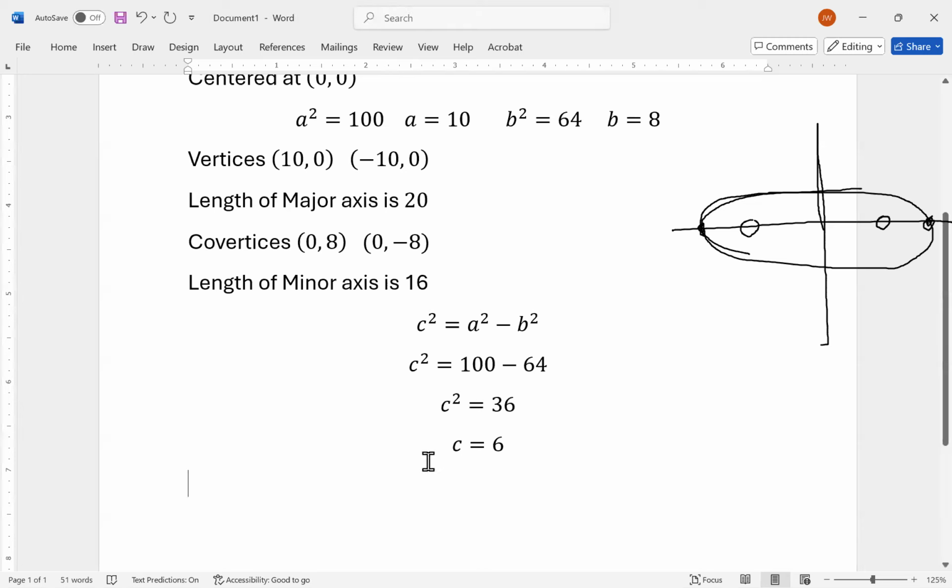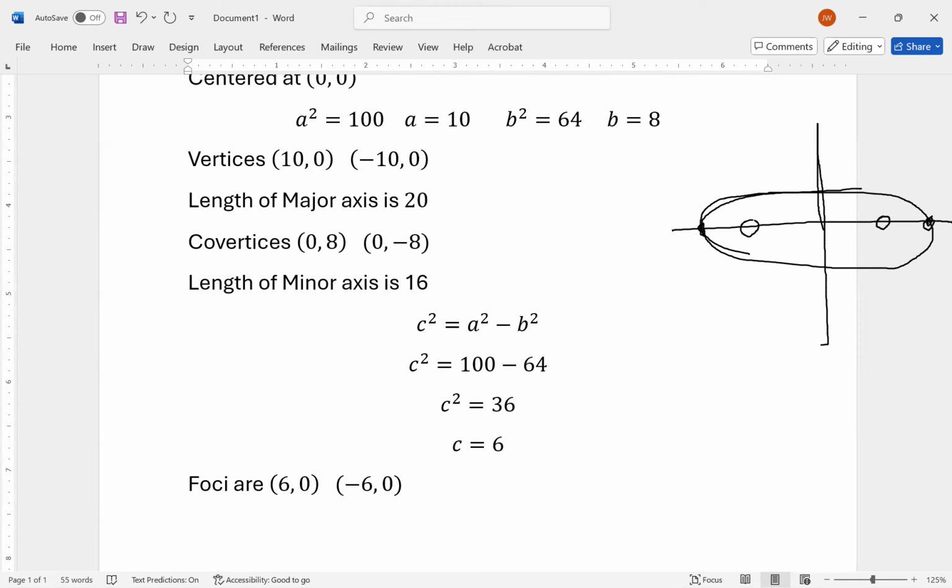So the two foci are the following. We have the point 6, 0, and the other point, which will be -6, 0. Again, we're moving left and right on the x-axis.